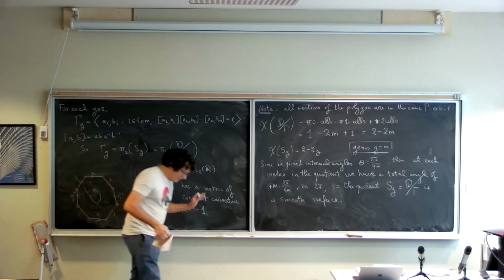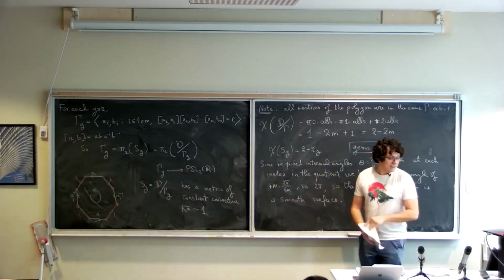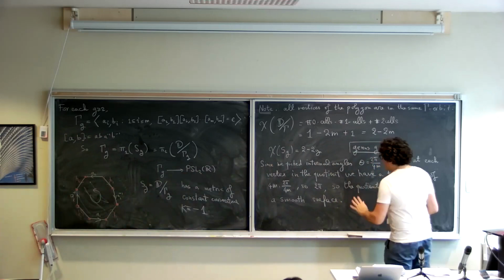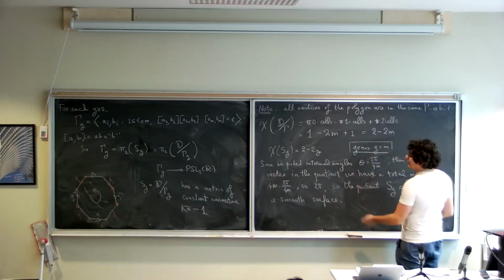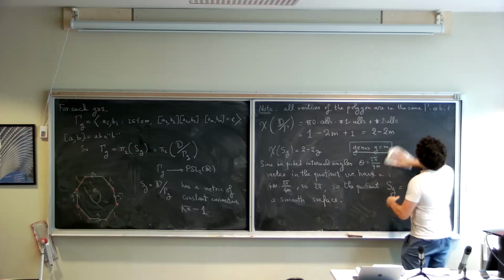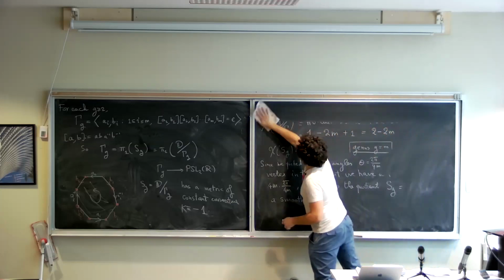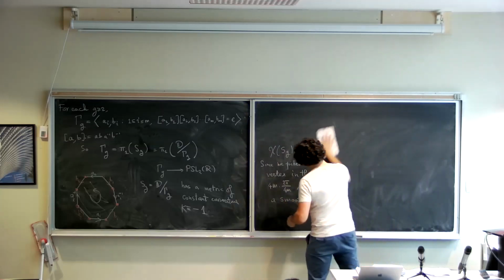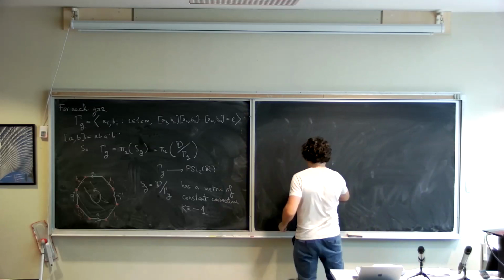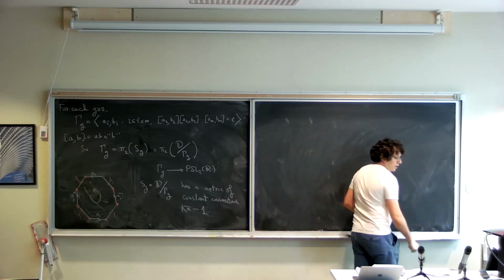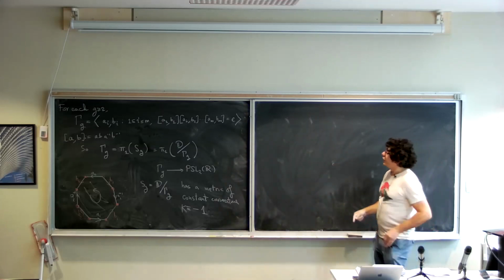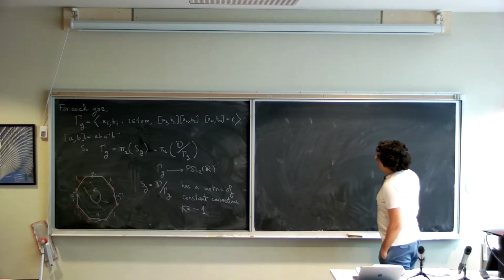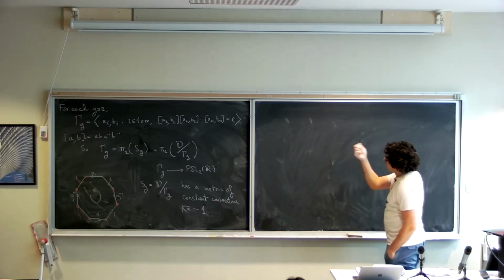So again, this is not the topic of this course, but it is a very, very important example to keep in mind. Okay, so this is one example of a non-trivial, non-free hyperbolic group.